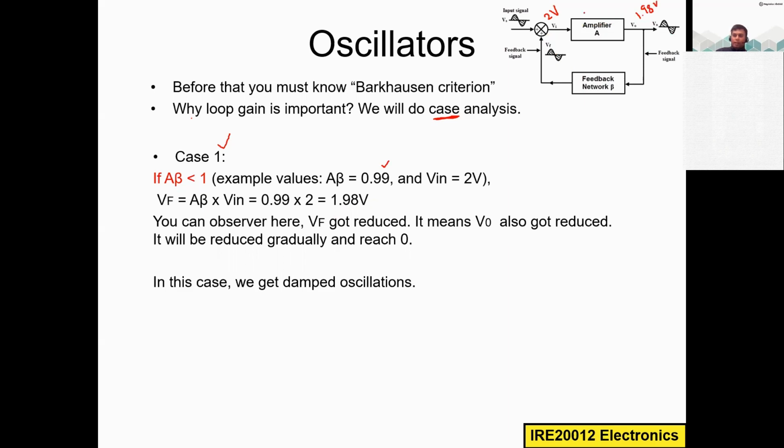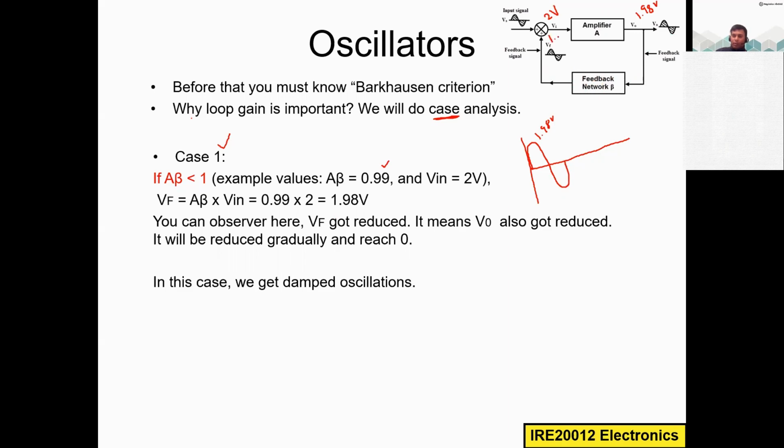This is for one oscillation. Now I am creating this back and forth signal at the output of this block diagram. I apply an input of 2 volt, and at the output I get 1.98 volt. This 1.98 volt is applied to the feedback network, and again, based on the gain value, you will get something here.